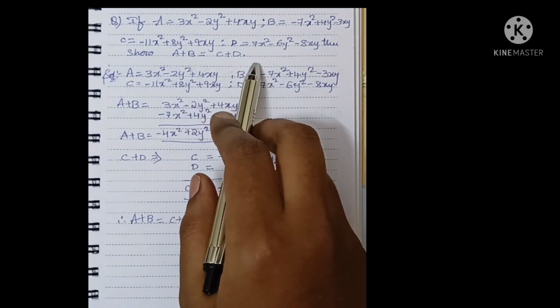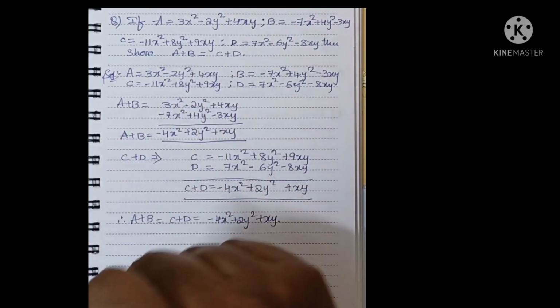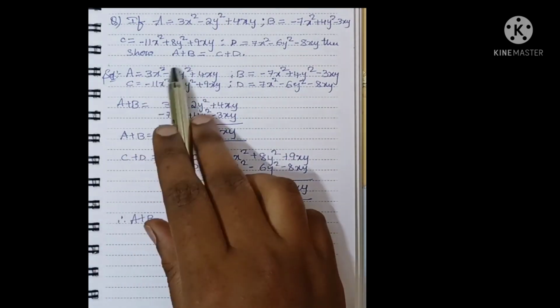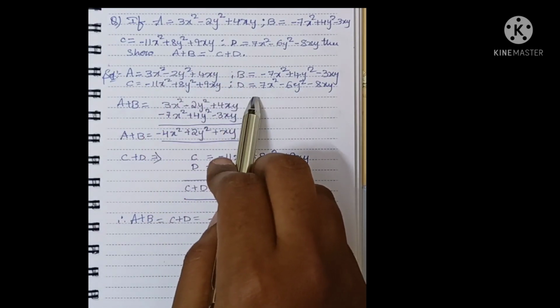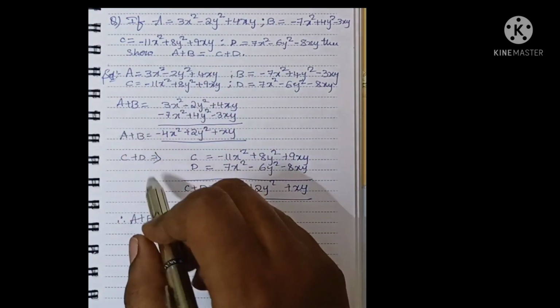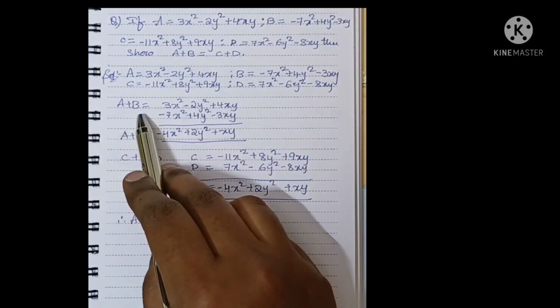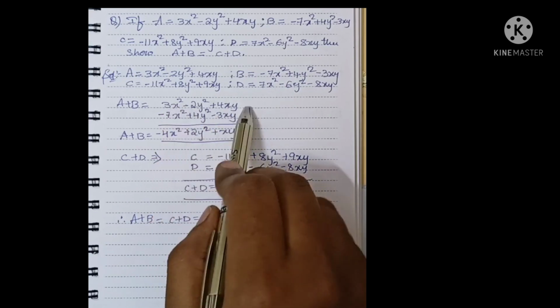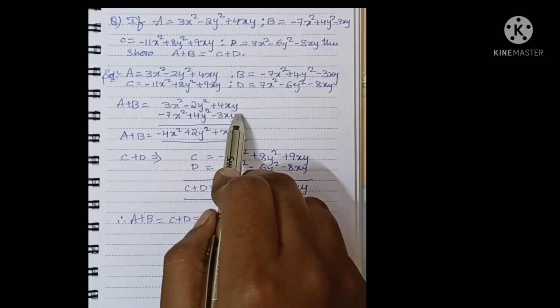So what we need to do here is perform addition operations in this problem. First write down the equations a, b, c, d given data. Now we are going to perform the addition of a plus b. First write down the equation a, 3x square minus 2y square plus 4xy.